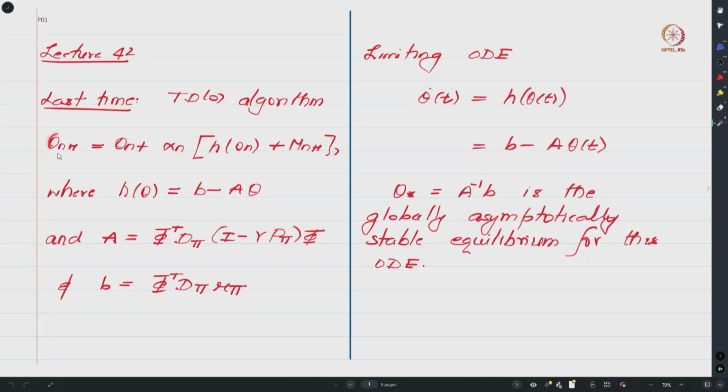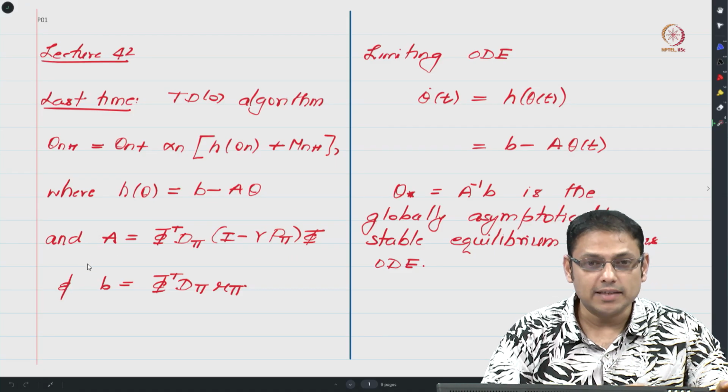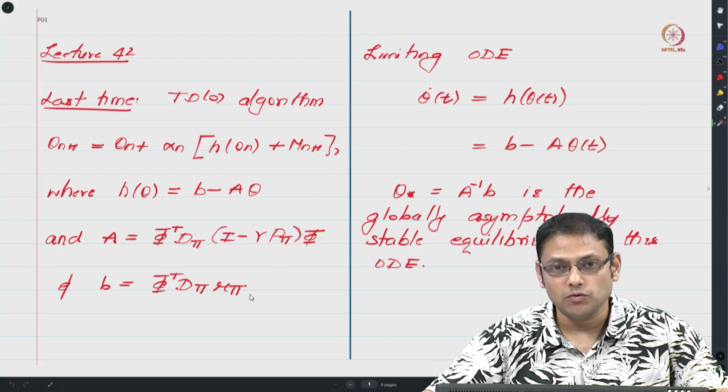Recall the TD0 algorithm has the update rule as given over here, which is that theta n plus 1 is theta n plus alpha n times h of theta n plus M n plus 1, and h of theta is b minus A theta, where the matrix A has the formula given over here and b has the expression given over here.